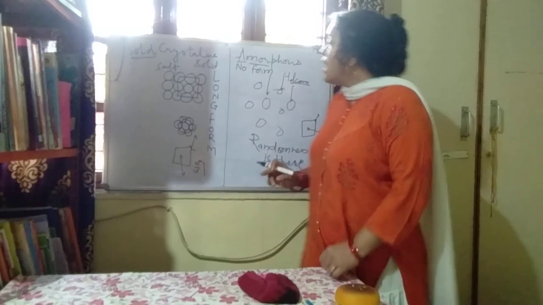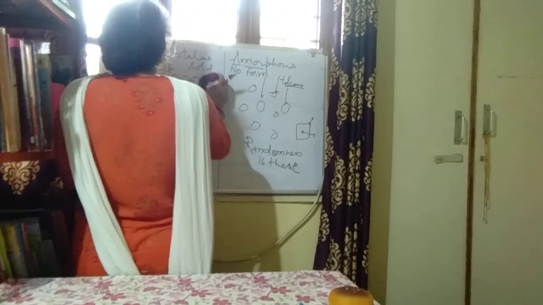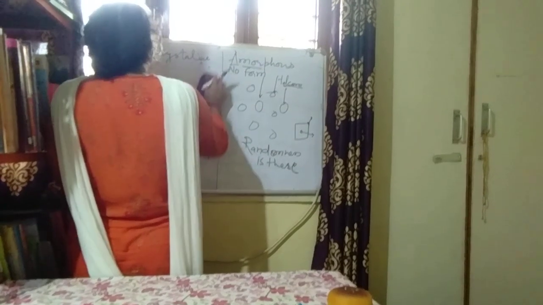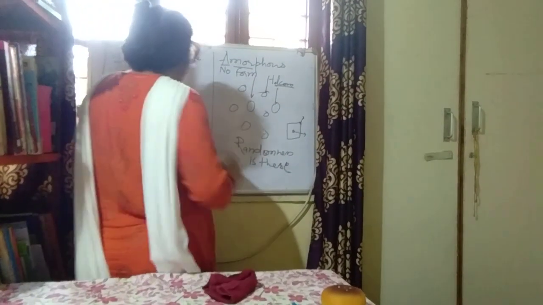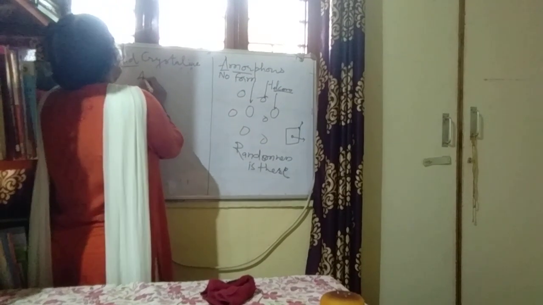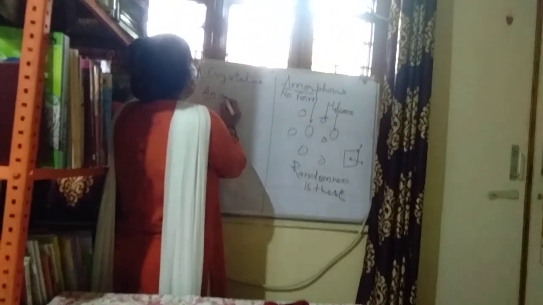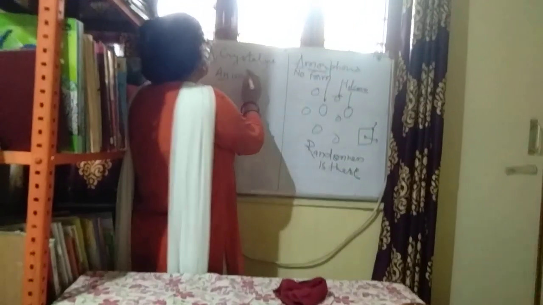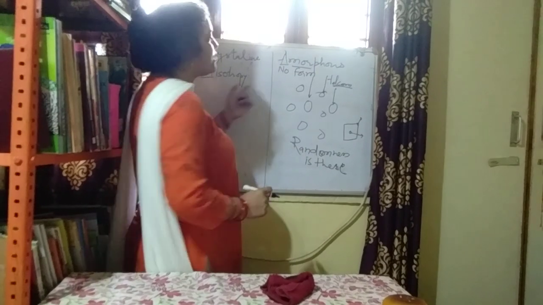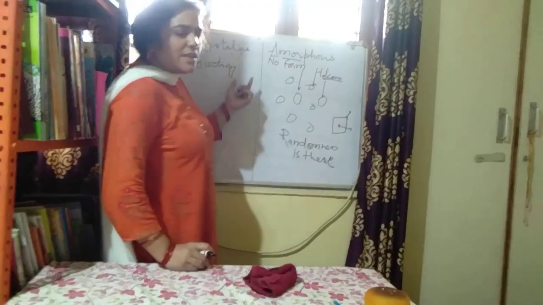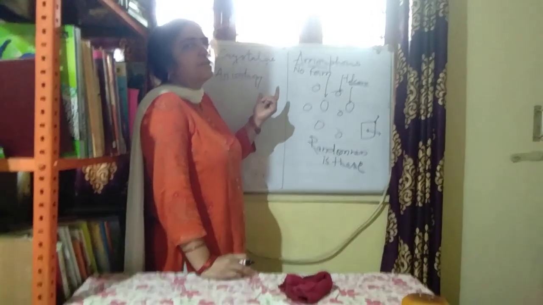This is known as anisotropy. This is the first property of crystalline solid. What is that? A-N means not, iso, tropy. Anisotropy. And these solids are known as anisotropic solids.